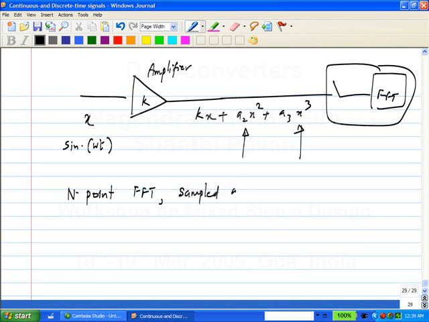Of course, you have a lot of freedom in simulation, but let's say you decide that you will take an 8192 point FFT sampled at 100 nanosecond intervals.